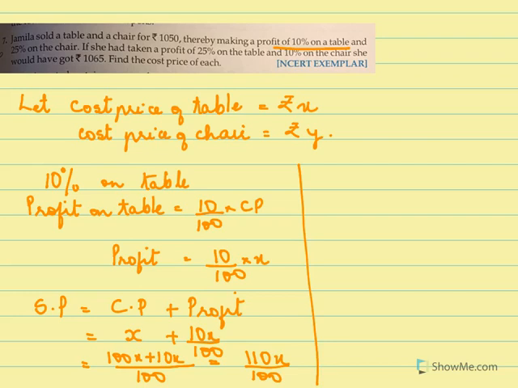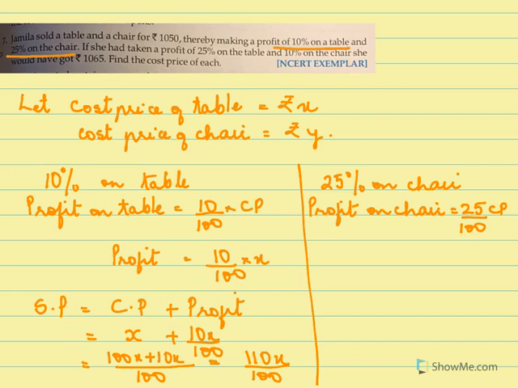Now we need to go to the chair. Now on the chair, she's making a profit of 25%. So 25% on the chair, a profit of 25%, which means profit on chair equal to 25% of CP.